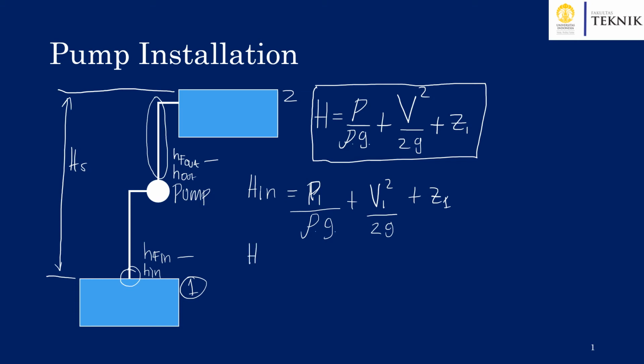And at the outlet, it becomes P2, the pressure at the discharge of the pump, divided by density multiplied with gravity, plus velocity at point 2 to the power of 2 divided by 2 times gravity, plus Z2 at the discharge point.